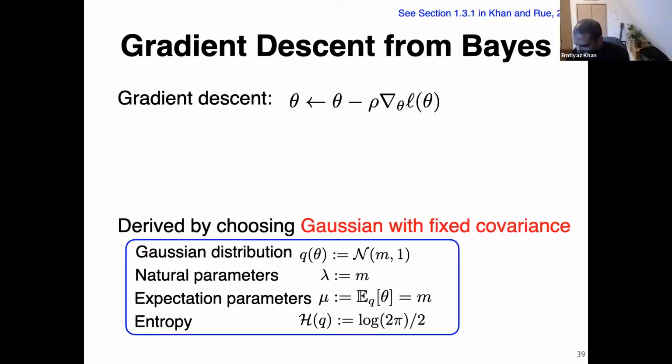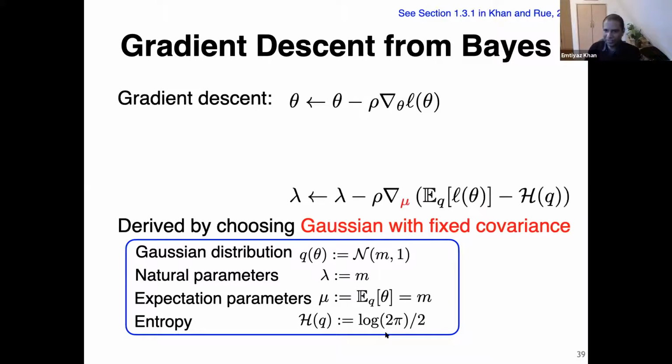So I hope you can see here that the Gaussian has the mean, and the mean is unknown, but the variance of the Gaussian is fixed to 1 in this case. Okay, so here this is 1, and with this, the natural parameter and the mean parameter, now they're both the expectation parameter, they're both equal to the mean of the Gaussian. There's no covariance because it's set to 1, and the entropy is constant.